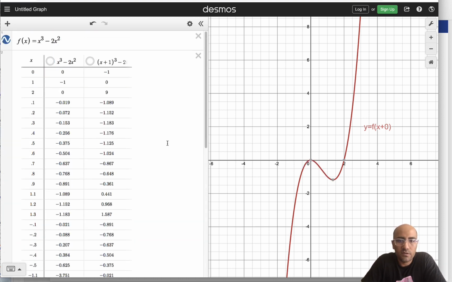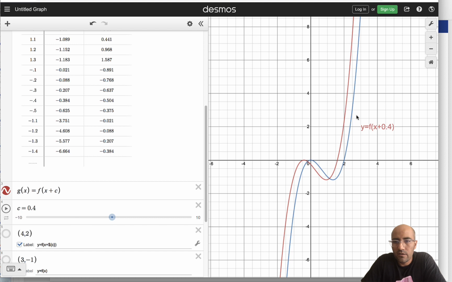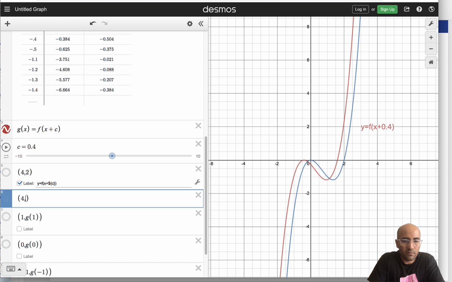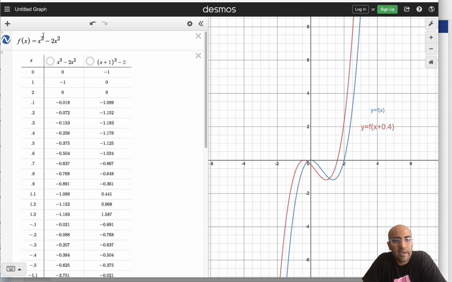And then as we shift this, as we add values, here is the original function f of x. I want to label that at the point 4 comma 3. So the original function is f of x, right? f of x was defined here, x cubed minus 2x squared. So that's the blue function.